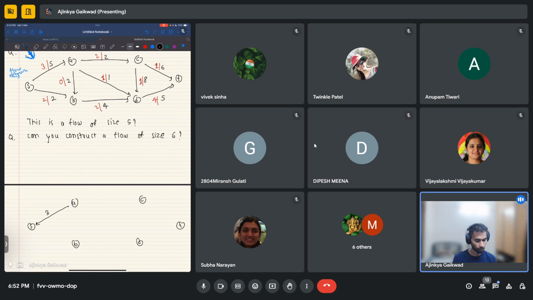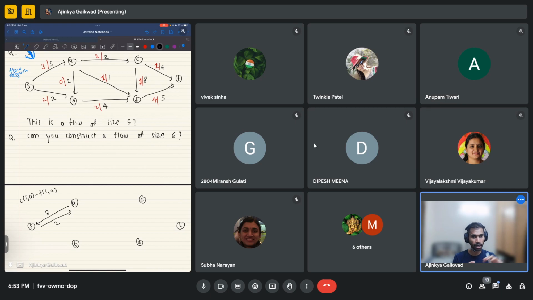The flow is now the capacity of edge A to S. Now I will draw one more edge from S to A. This edge will have capacity equal to the capacity of S comma A minus the flow of S comma A, which is 2. Is this clear, what I did for SA?